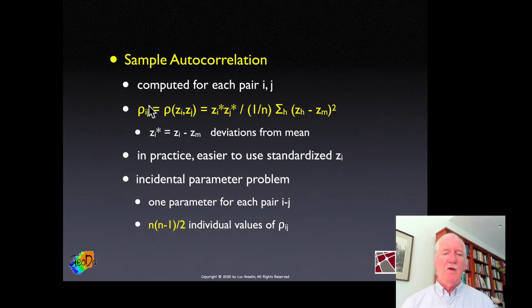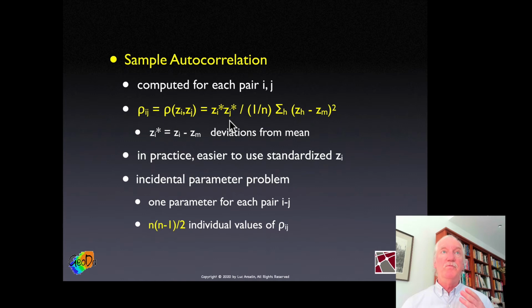In principle, we have a spatial autocorrelation between locations i and j as a function of the values of z at i and j. We standardize the variable so that the variances are 1. They're all centered on 0, so we don't have to worry about the denominator. We just take the product of the 2 standardized variables.